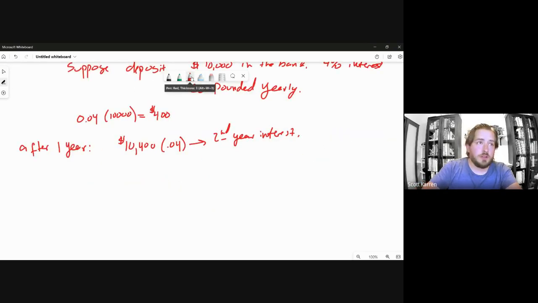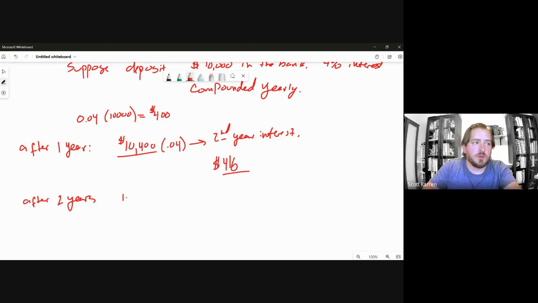This gives me $416 interest for the second year. So that's an additional $416. And you can see the amount that they gave you is more than the first year. So we add that into it, and the amount that I have after 2 years is the 10,400 plus 416 more. So I have $10,816 total.